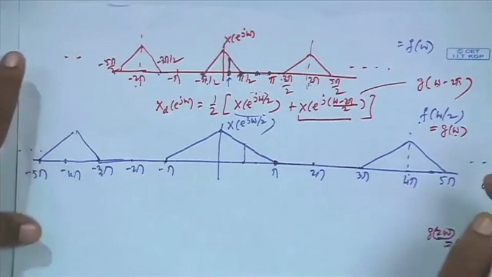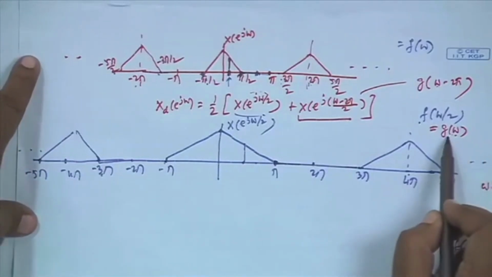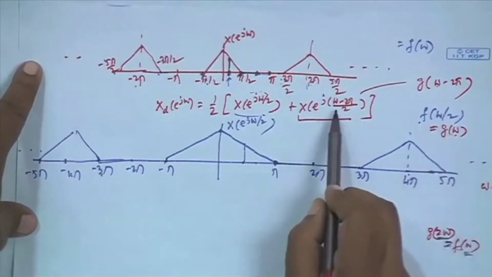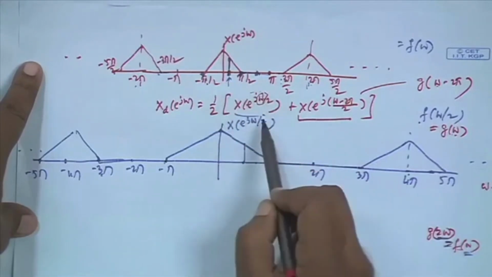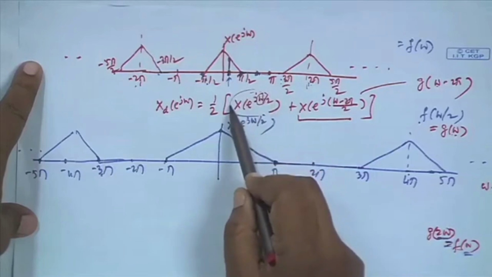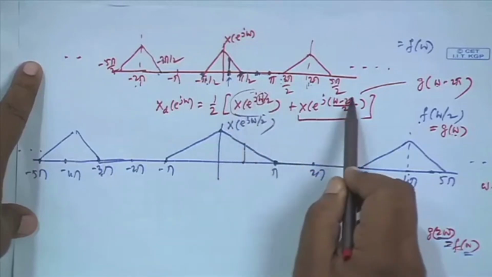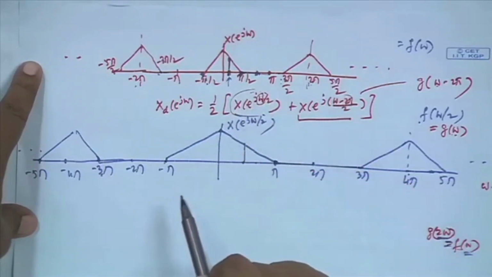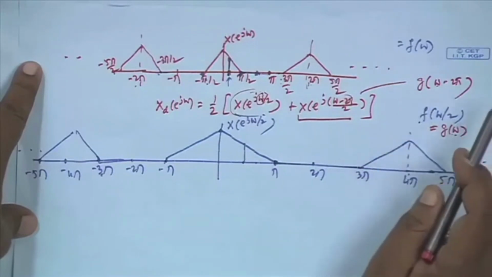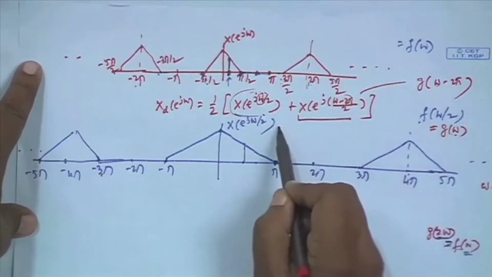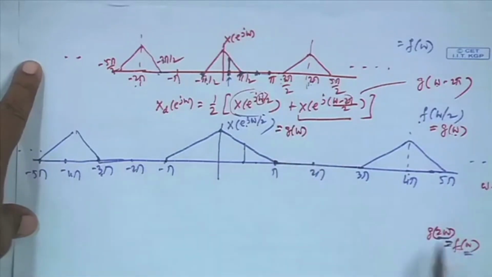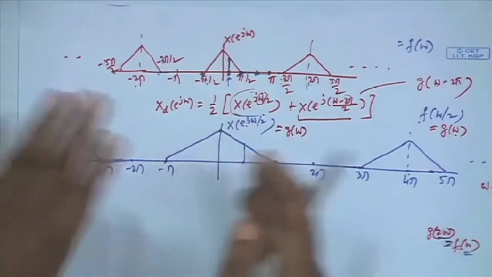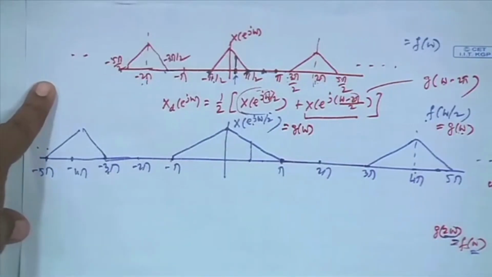All right. So this is g omega, and what is this? It is a function of omega by 2 instead of omega. If you call that g omega, then instead of omega, the frequency has become omega minus 2 pi. So it is g omega minus 2 pi, as simple as that. If this was g omega, then g omega minus 2 pi is a right shifted version of this by 2 pi.